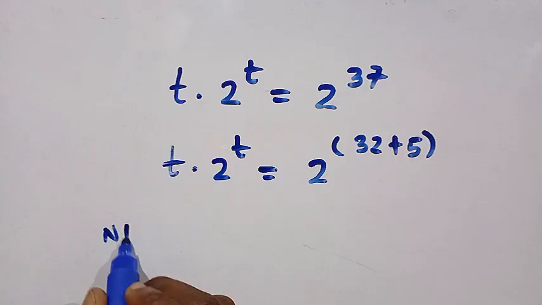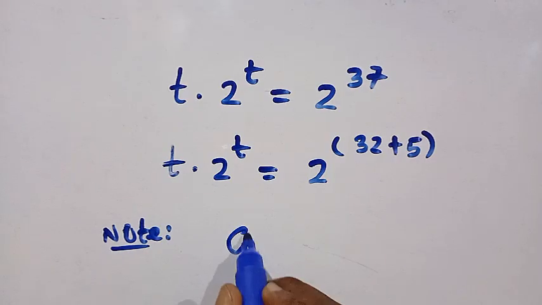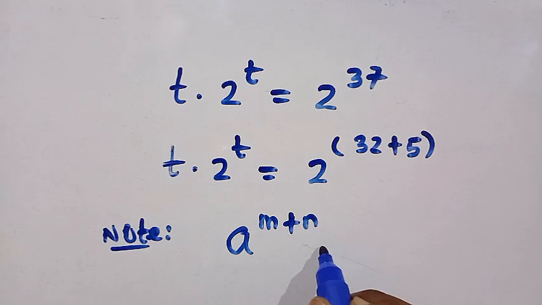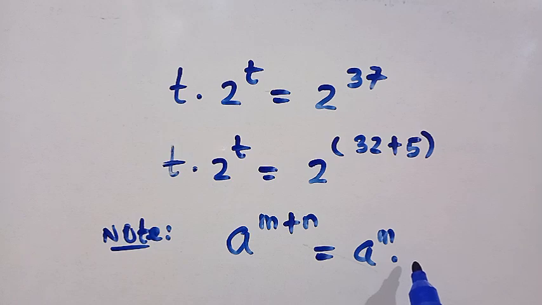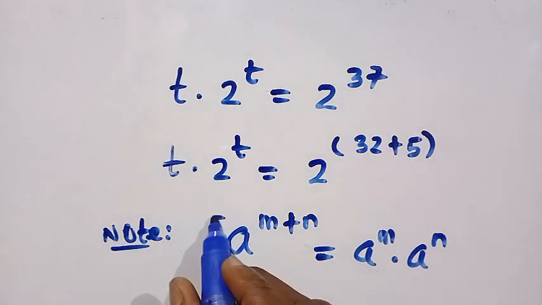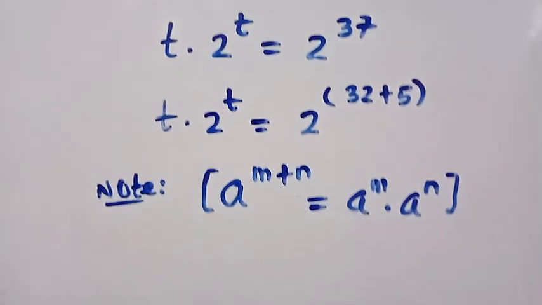Also, we note that a raised to the power of m plus n is the same thing as a^m multiplied by a^n. This is another rule of indices.